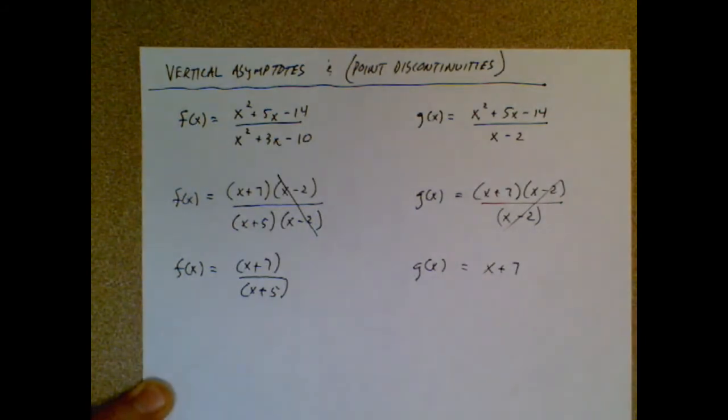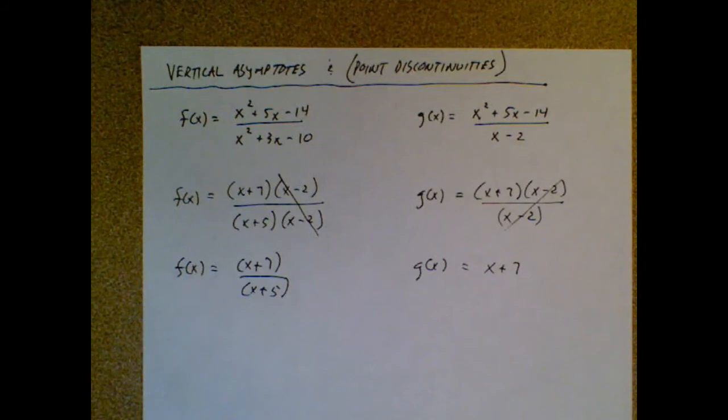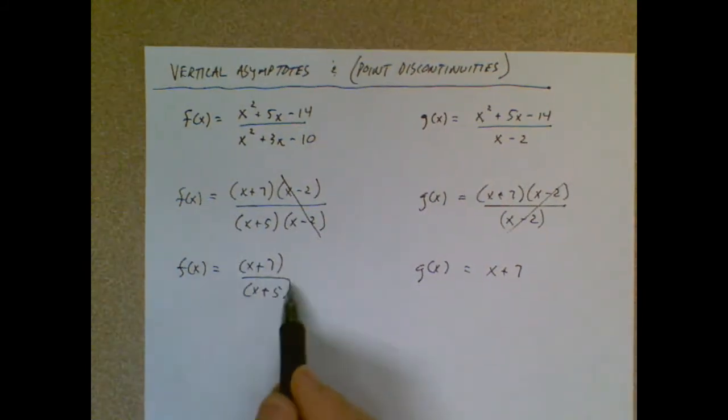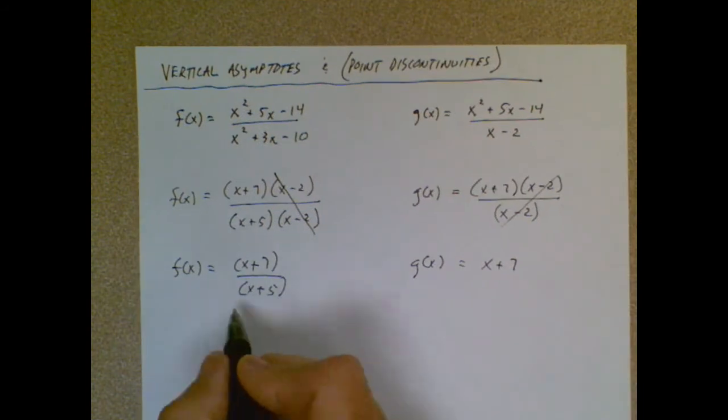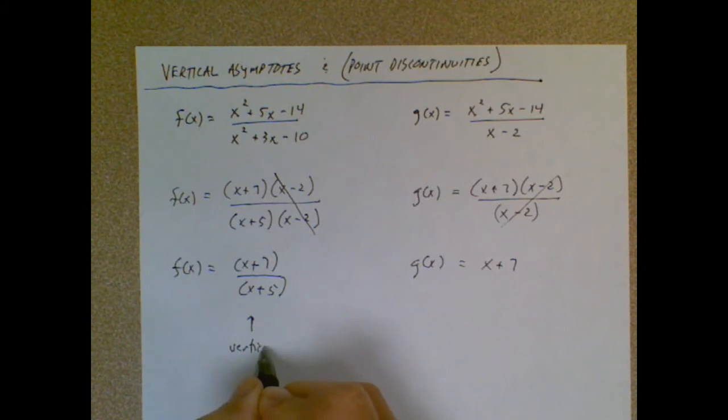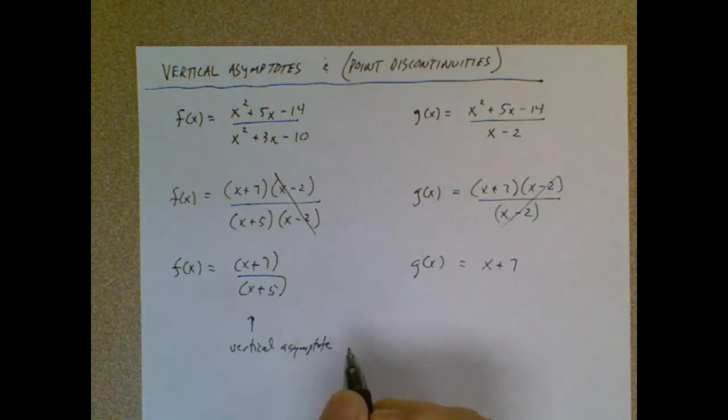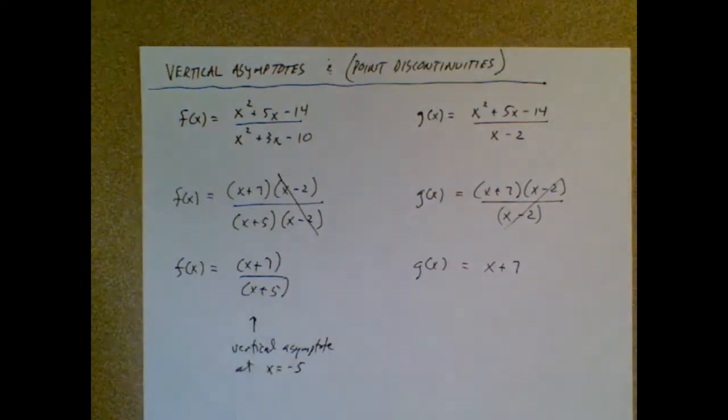We get that. So let's take a look at the difference here. In this case, I have a vertical asymptote at x equals, let's see here. If it's a vertical asymptote, it is an x equals, yes, at x equals -5.